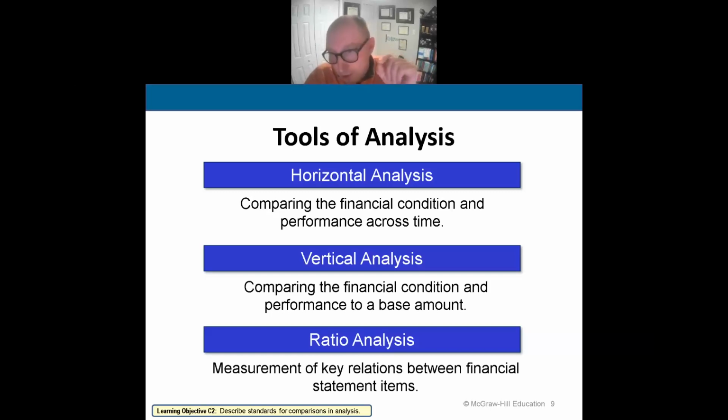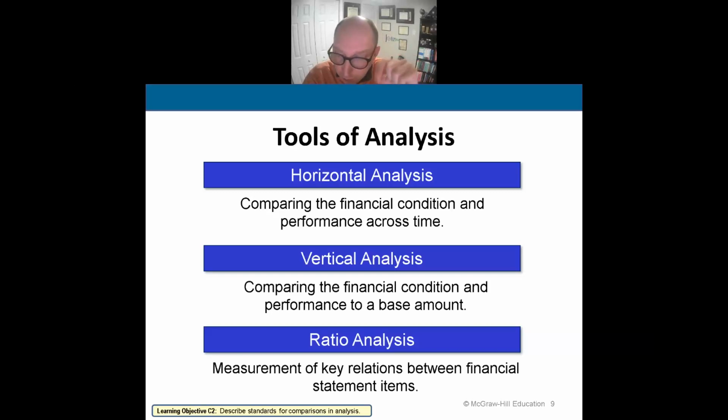The ratio analysis is the third method for analyzing the financial performance. We look at certain ratios like solvency ratios, liquidity ratios, profitability ratios, and a few other ones to quickly identify the financial performance of the company.